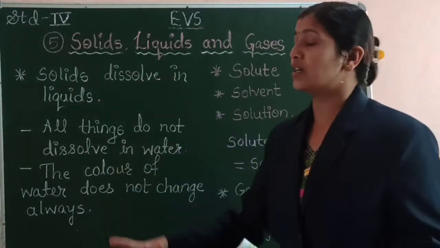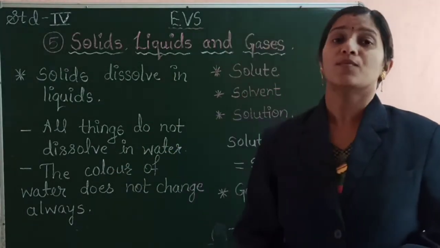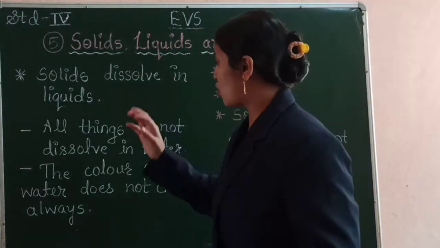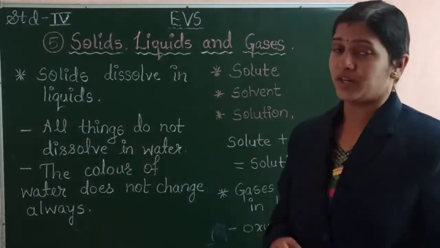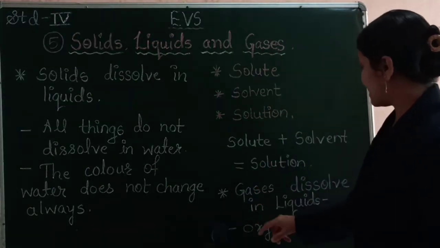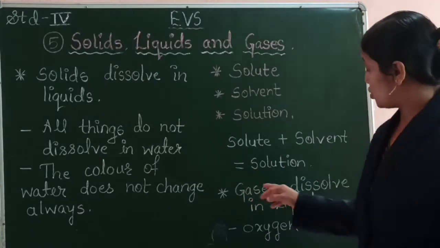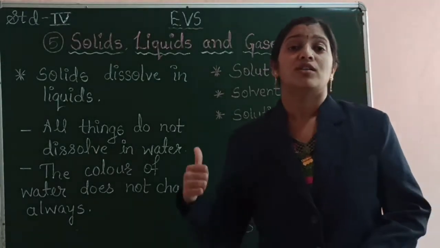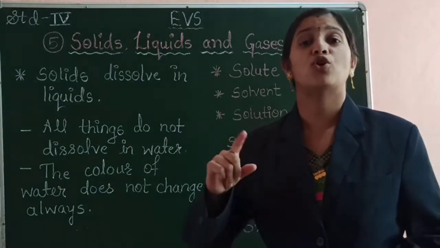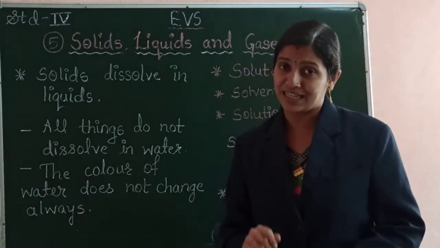So here we learned that solids like sugar, salt, then turmeric powder, all these things, they dissolve in the liquids. So now we will see how do the gases dissolve in liquid. The gases, yes, gases dissolve in liquid, but not all the gases dissolve in liquid.